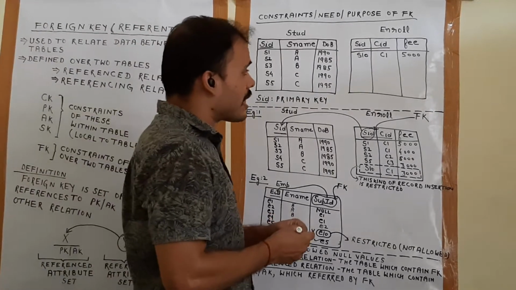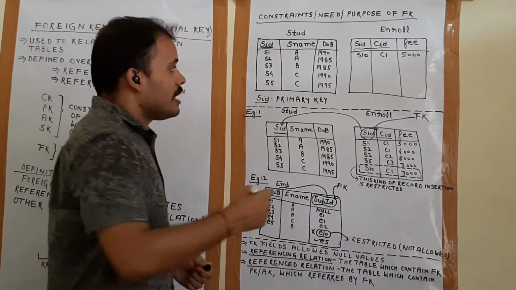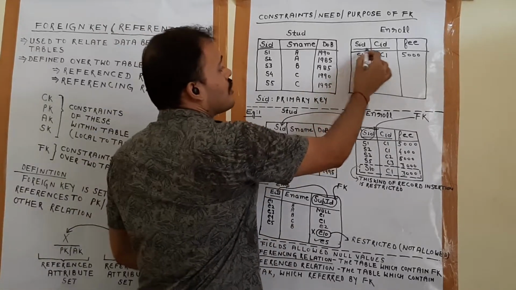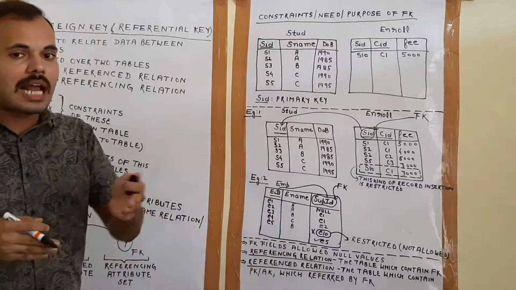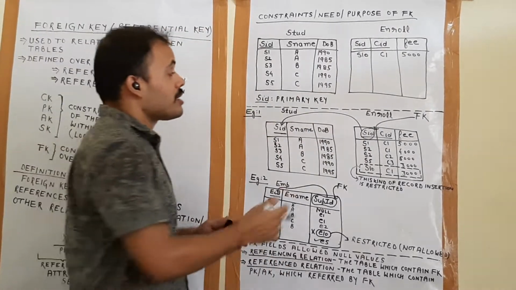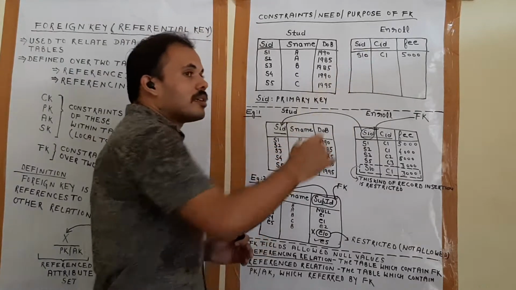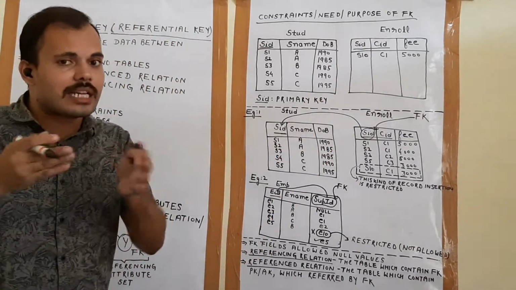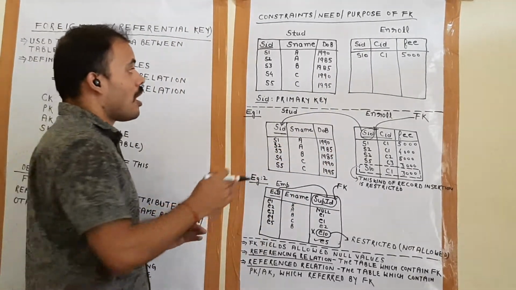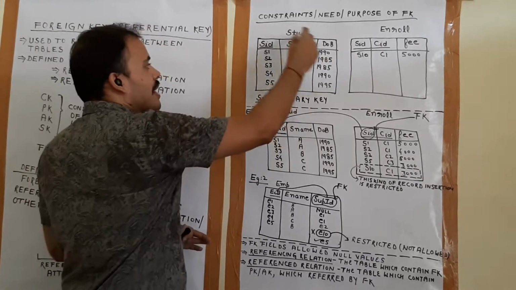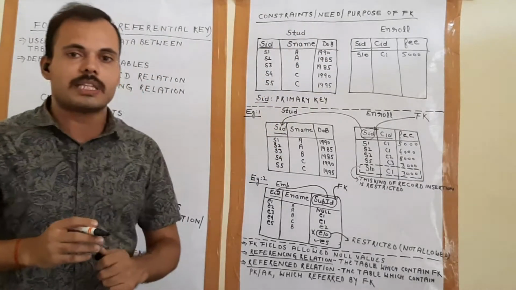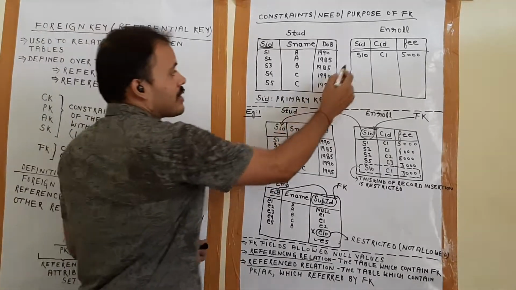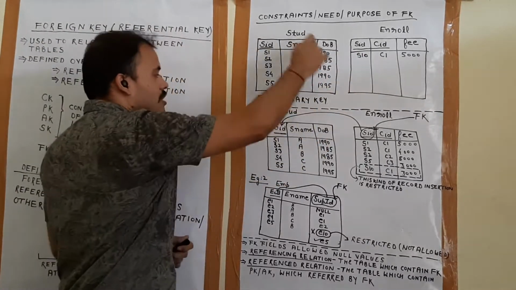Why is it an incorrect record? Because this student enrolled for the course C1, which is running in the organization, but this student is not a student of the organization, because this table maintains the list of the students of the organization, and S10 is not in the student table.